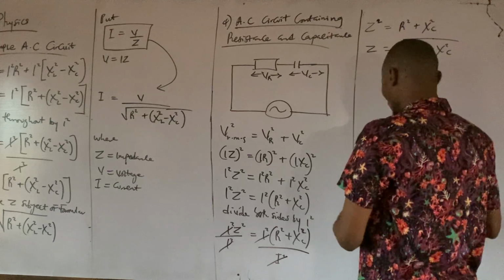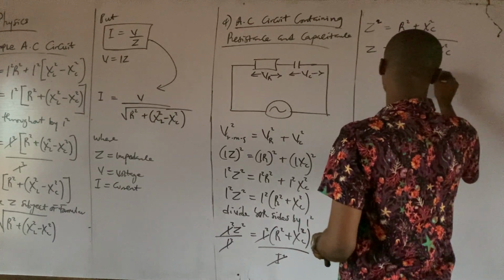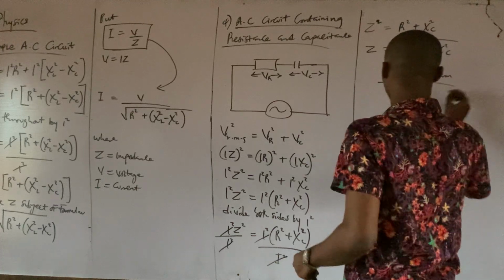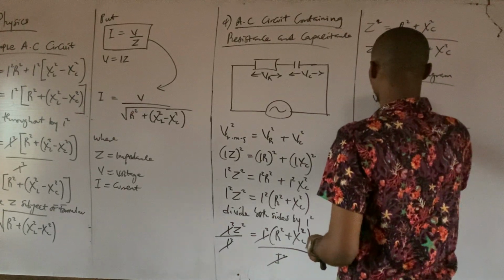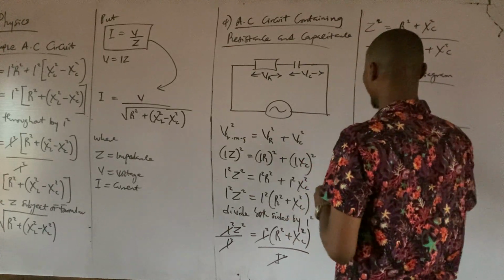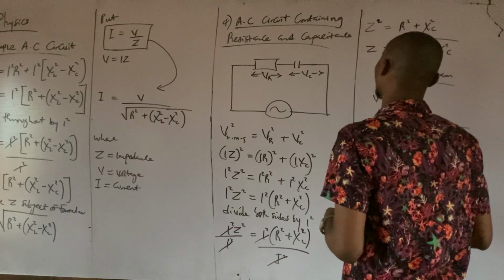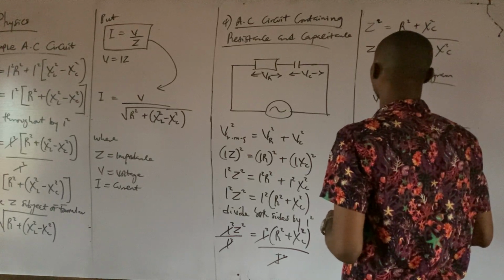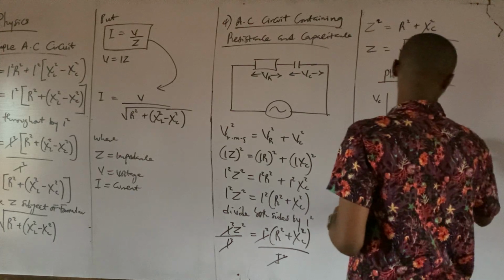Now, phasor diagram now. The phasor diagram, we draw something like this. Here is V, let's say VC, and here is IC.